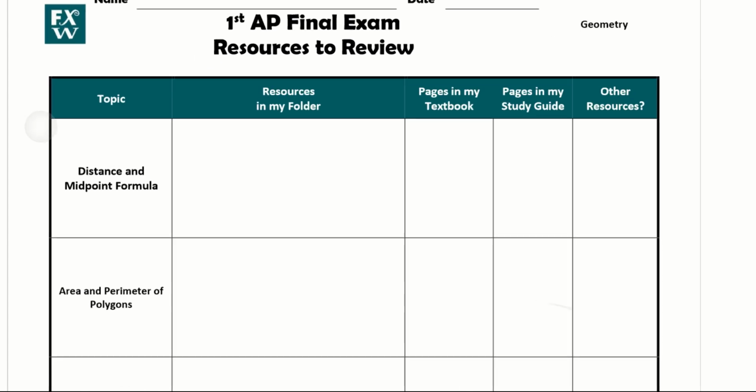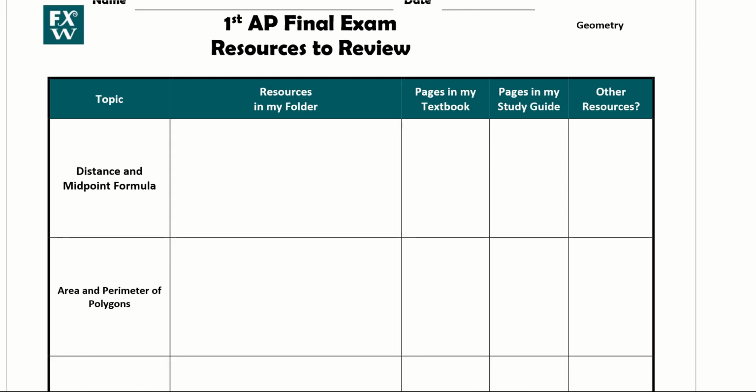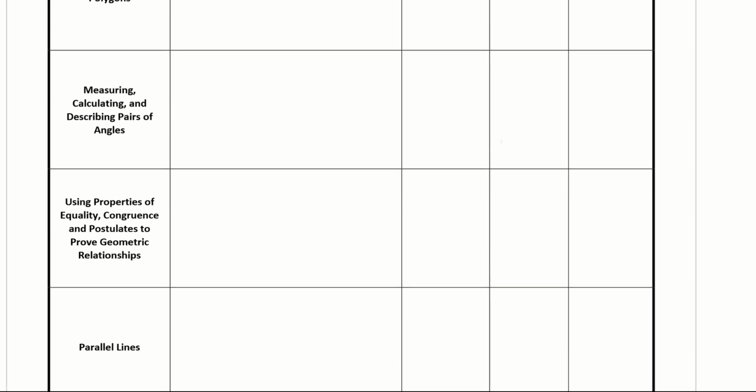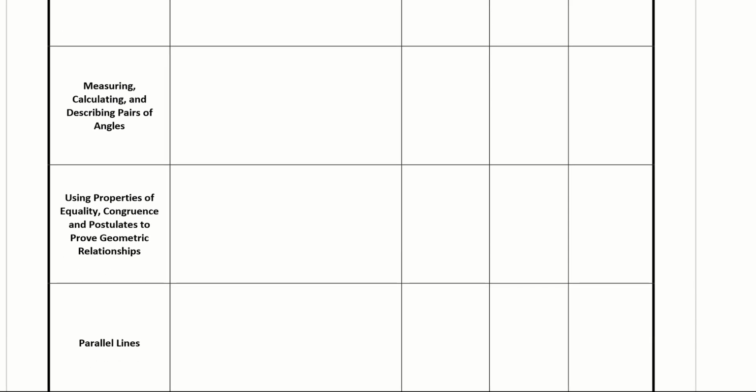So, the topics are distance and midpoint formula, very, very important formulas in geometry. Area and perimeter of polygons. Now, you'll have to use the distance and midpoint formulas to get those areas because they will be on coordinate planes. Measuring, calculating, and describing pairs of angles.